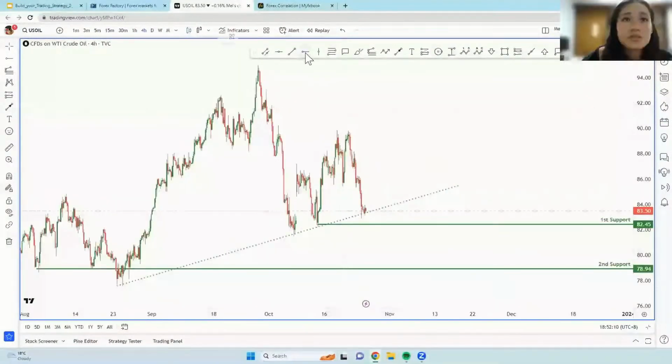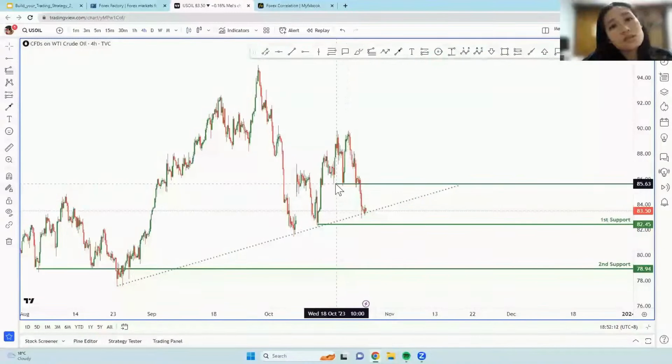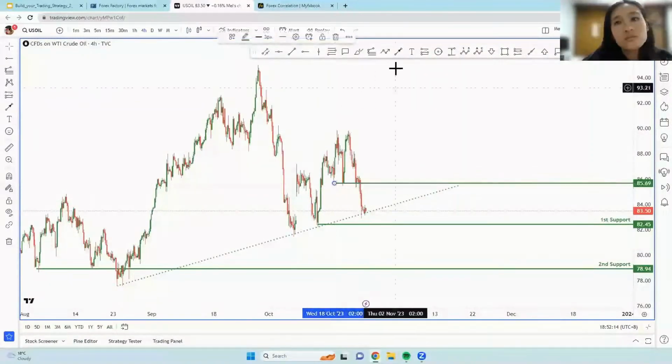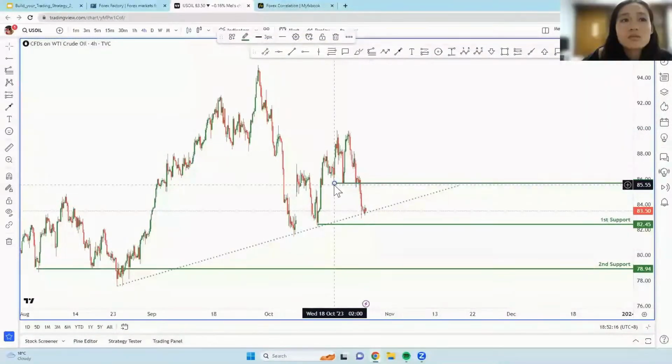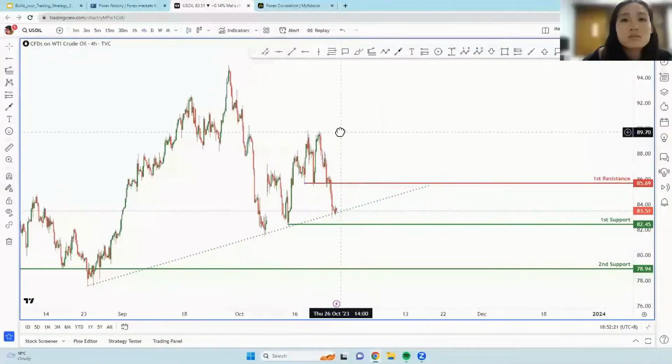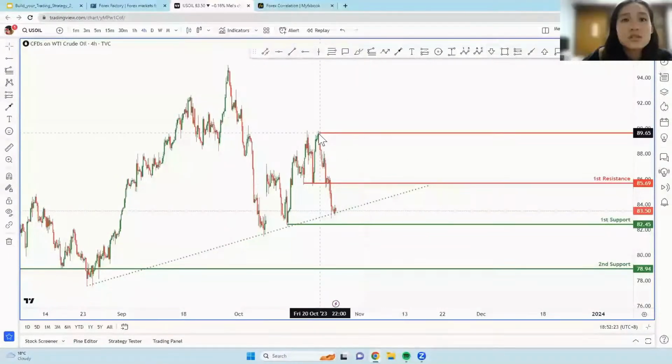Okay, and then my first resistance and my second resistance just here.